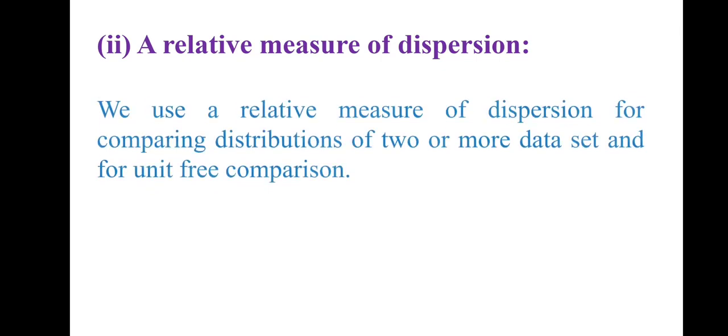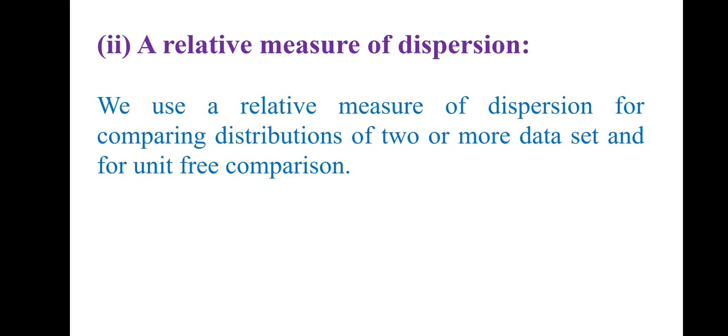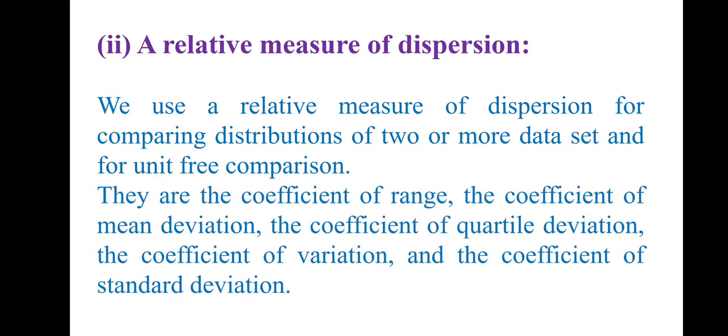Relative measures of dispersion. We use the relative measures of dispersion for comparing distributions of two or more sets of data and for unit-free comparison. There are the coefficient of range, coefficient of mean deviation, coefficient of quartile deviation, coefficient of variation, coefficient of standard deviation.